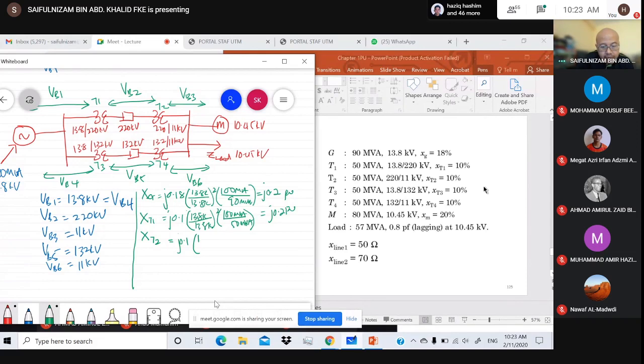For T2, old is 11, new also 11, same. T2 is 50, so I should get j0.2 per unit.